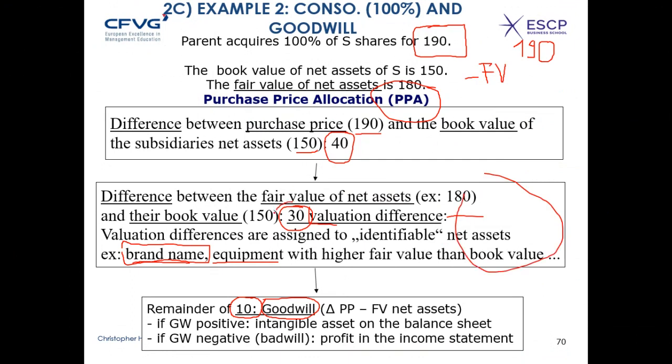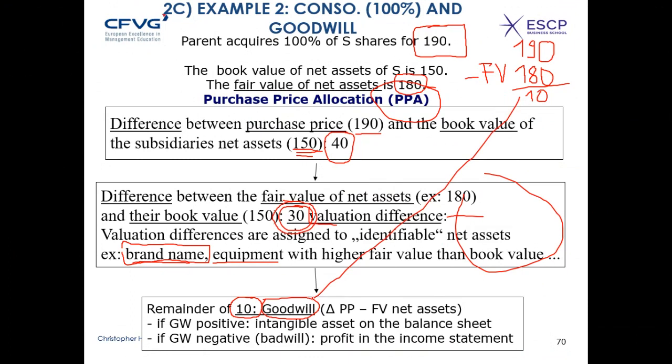So since here we have 30 of valuation differences and the book value is 150, that leads to a fair value of 180 in this example. So if I pay 190 to buy a fair value of 180, the remaining difference obviously is 10, and the 10 is my goodwill.